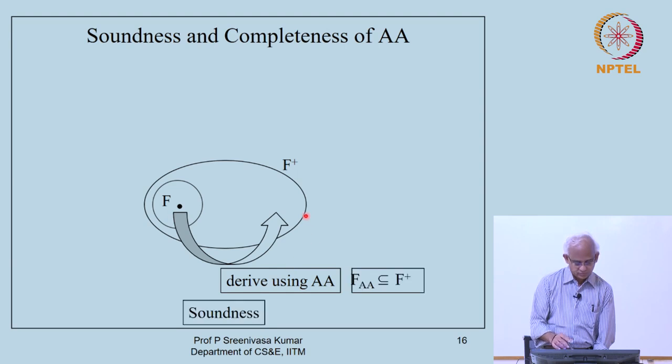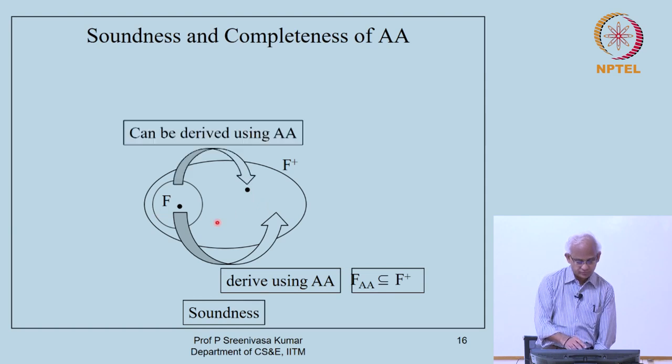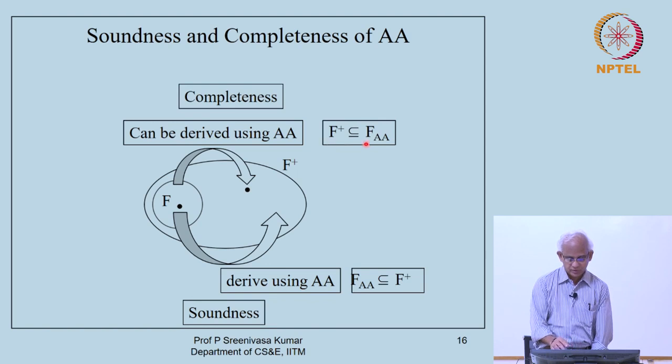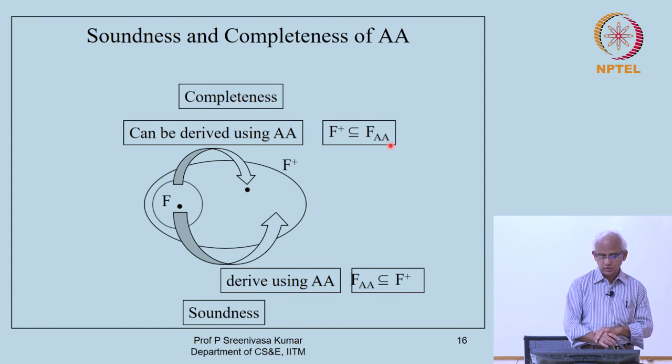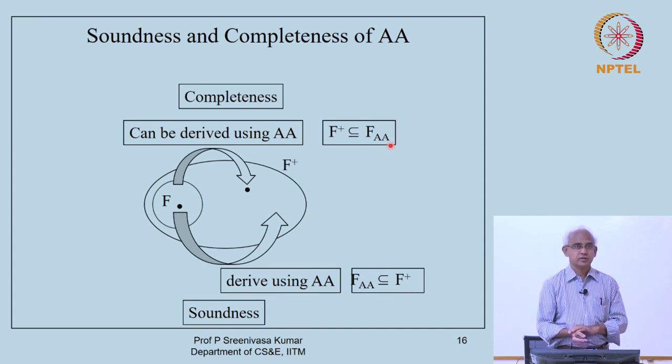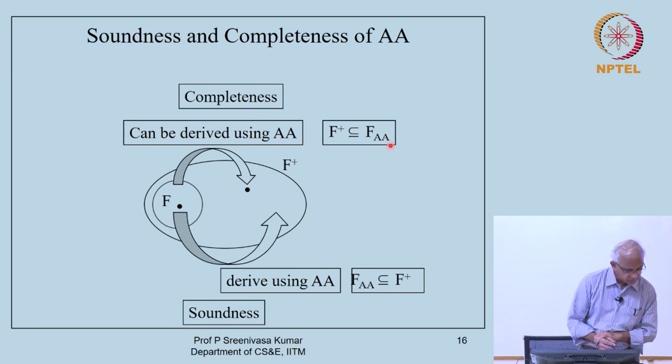The other one is that if you take some functional dependency that is a member of F plus, it can in fact be derived using F. That is what completeness claims: F plus is a subset of F AA. It will be interesting to prove these two facts. We will see them in the next lecture.